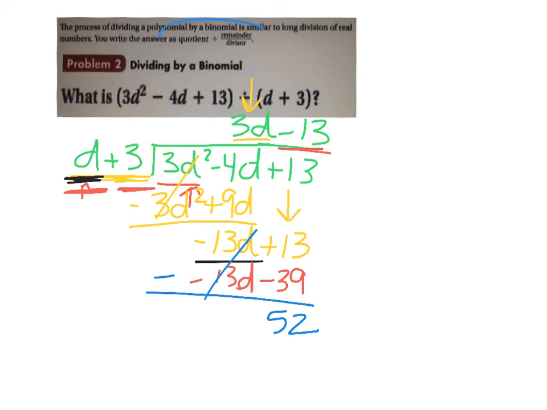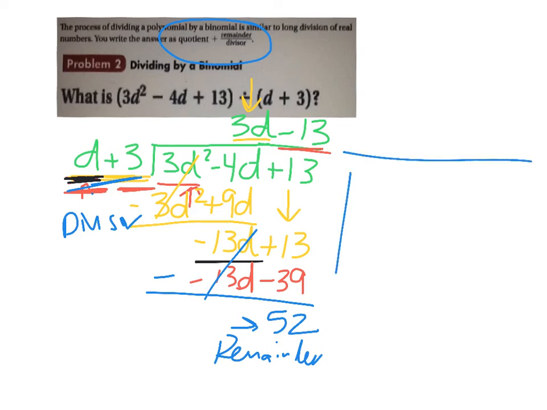Now going back to what this says, your answer is your quotient plus the remainder over the divisor. So this is our remainder, and this is our divisor. So I'm going to put my final answer over here to make it easier to see.